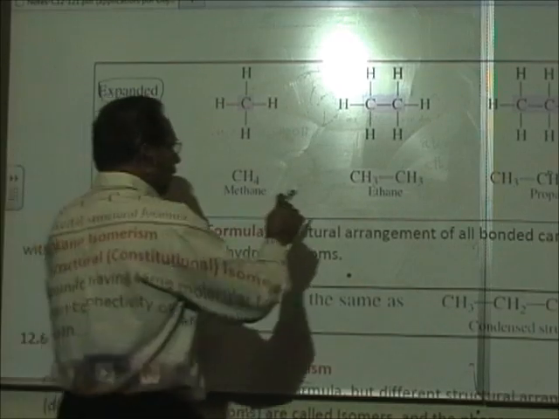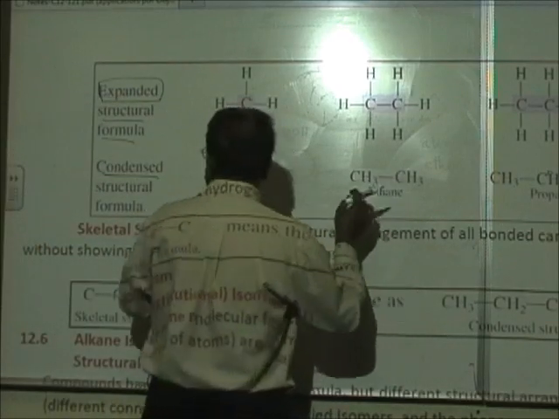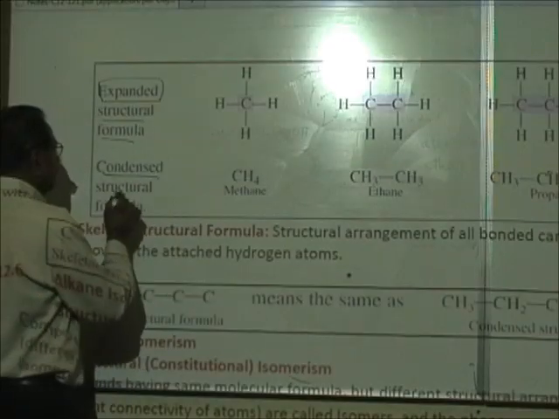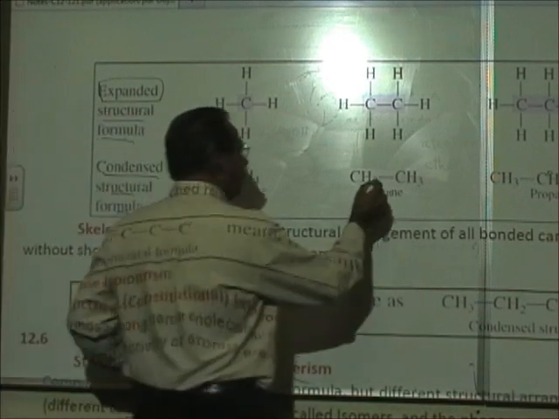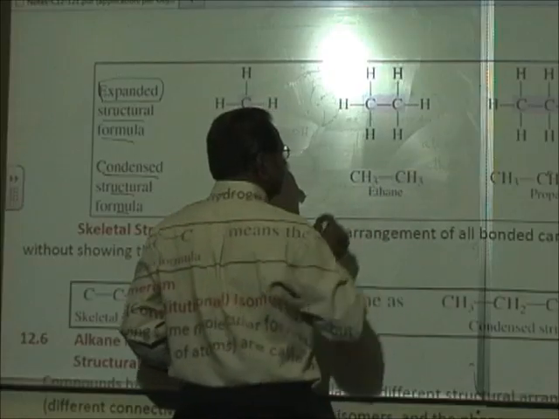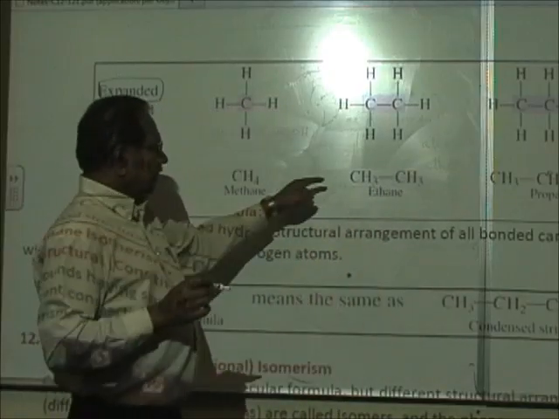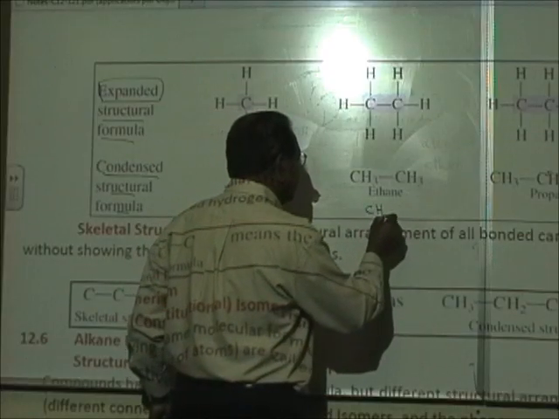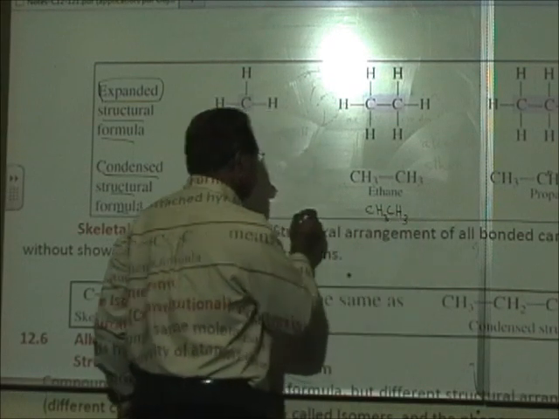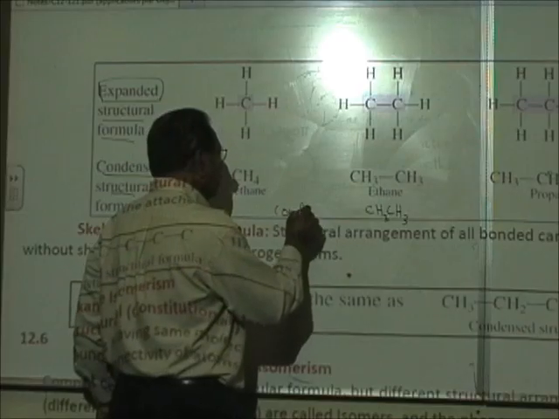Here, this is kind of a condensed structural formula. Here, only a major part of the chain is shown by a bond, but you can go further. You can write down this. This is called condensed formula.